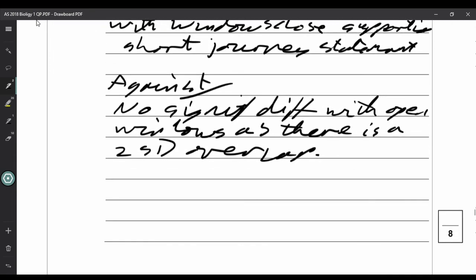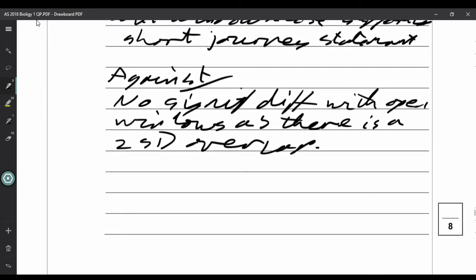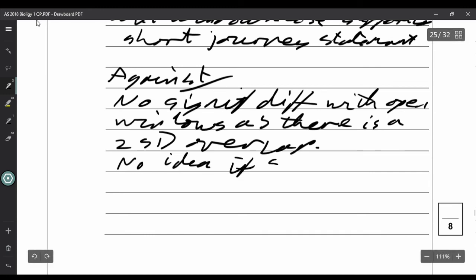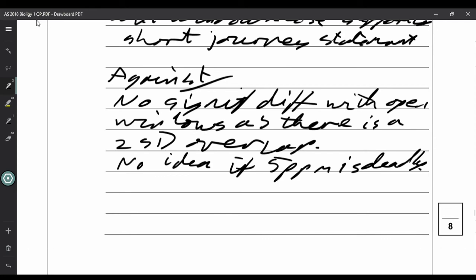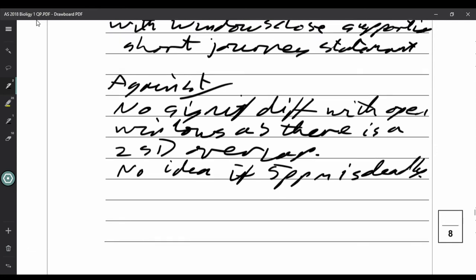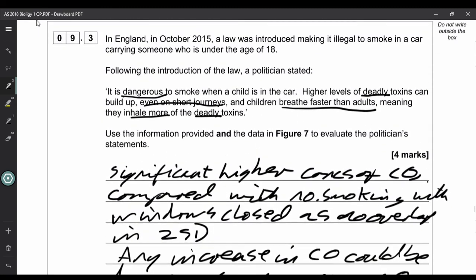So again, with the against, we can say that there's no idea given in the statement if 5 parts per million is deadly. We could also comment on the fact that he's put this thing about children breathe faster than adults.